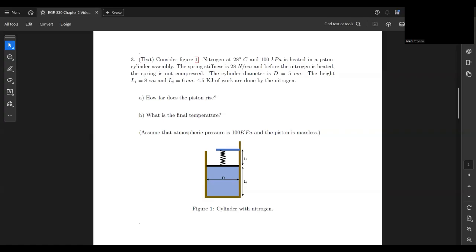Next, let's take a look at this problem. Now, this problem is from our textbook, and consider figure 1. This is a cylinder with a spring and piston. Nitrogen at 28 degrees Celsius and 100 kPa is heated in a piston cylinder assembly. The spring stiffness is 28 newtons per centimeter, and before the nitrogen is heated, the spring is not compressed.